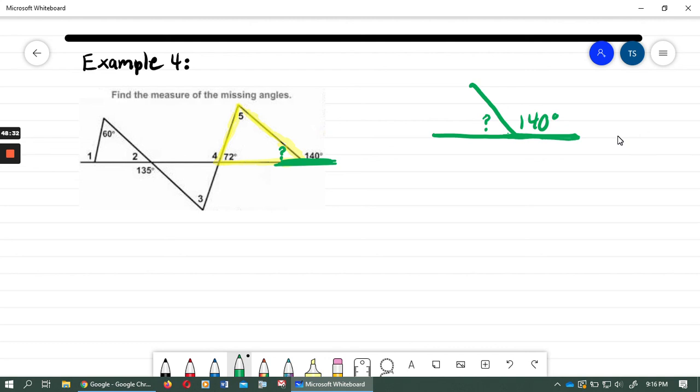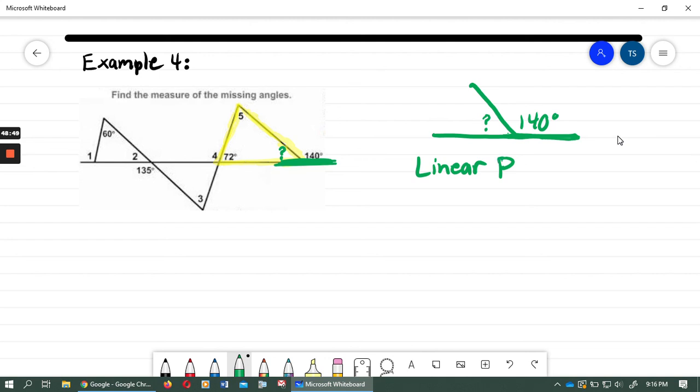How many degrees does a straight line have? And what are two angles called when they form a straight line? Two angles that form a straight line are called a linear pair, the specific name that they get called.